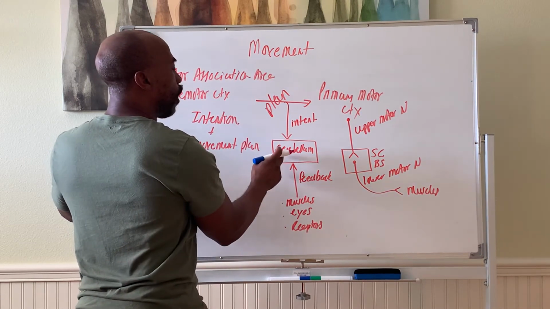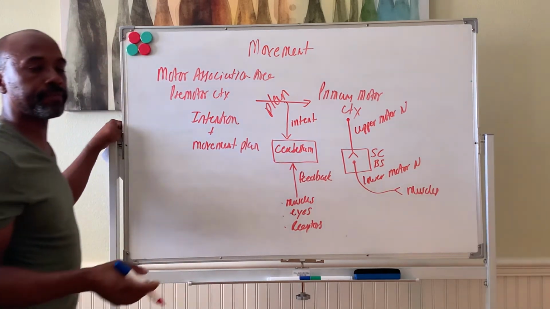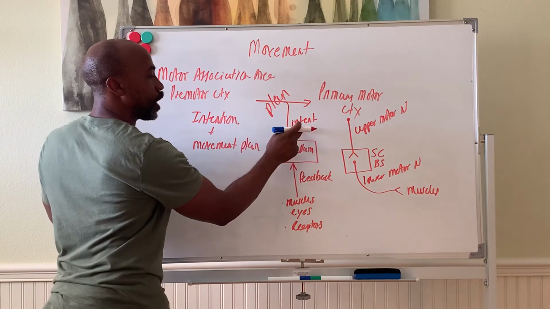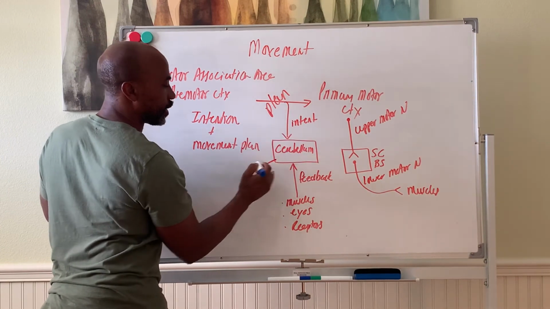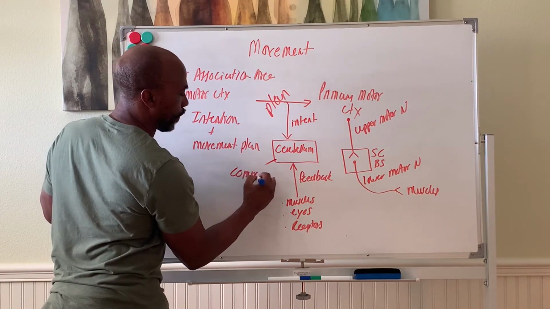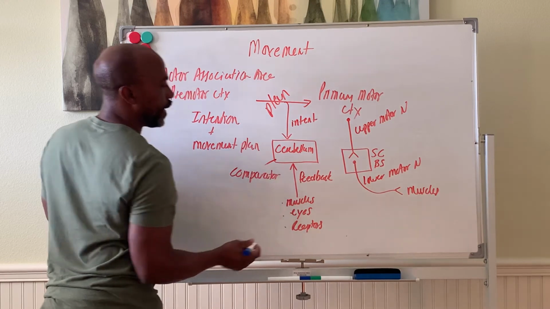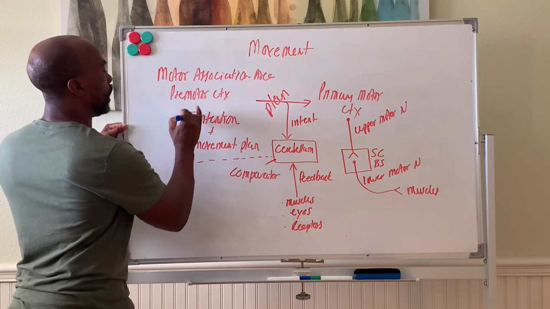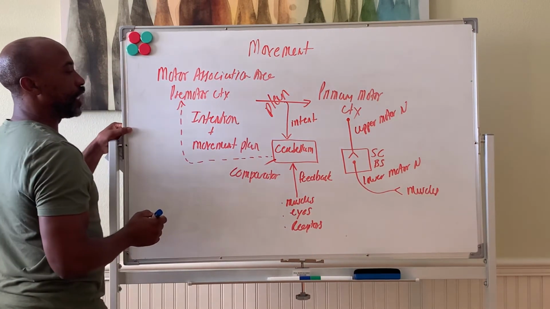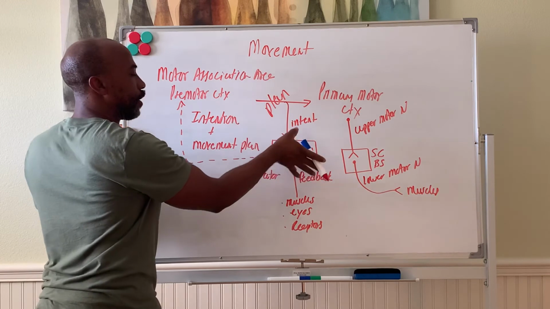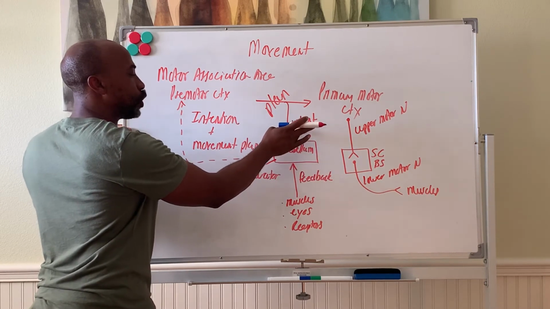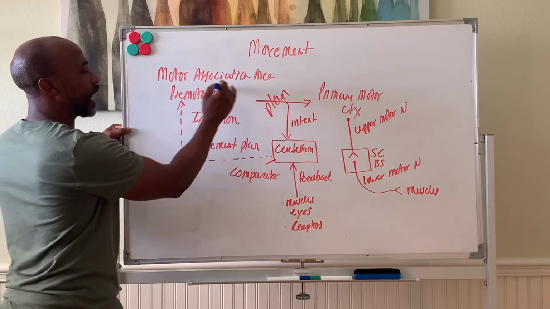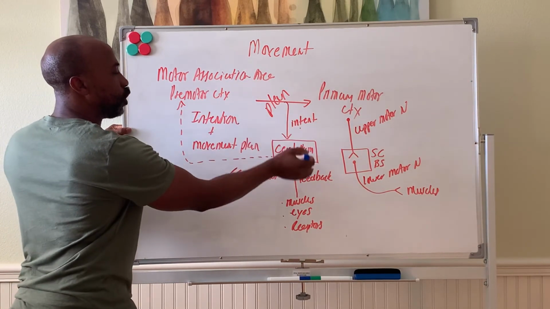And so the job of the cerebellum is to compare what you're trying to do with what you're actually doing. So it's a comparator. And it will then feedback to here to let it know if there is a difference between what you're trying to do and what you're actually doing, and allow for you to adjust your action to make these two match together.